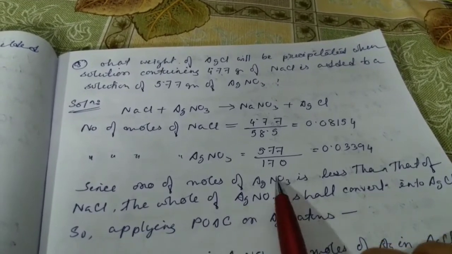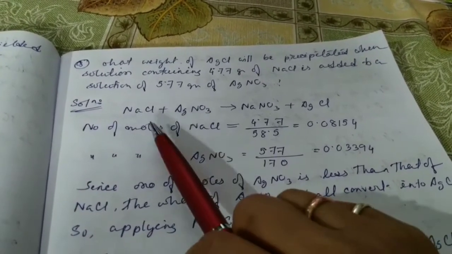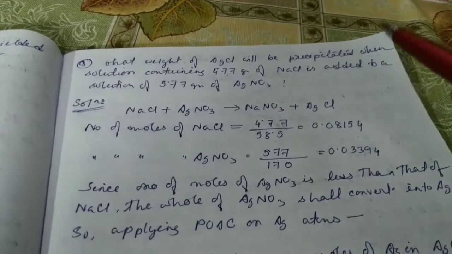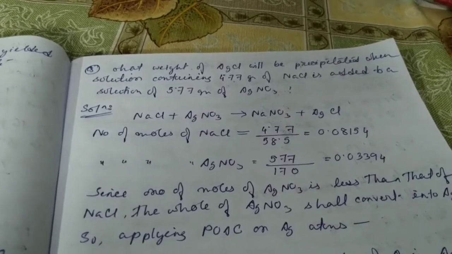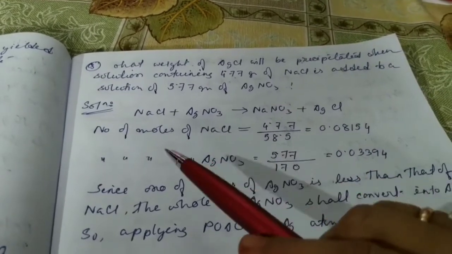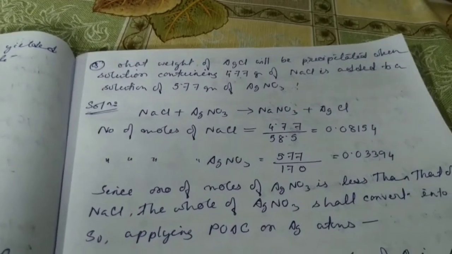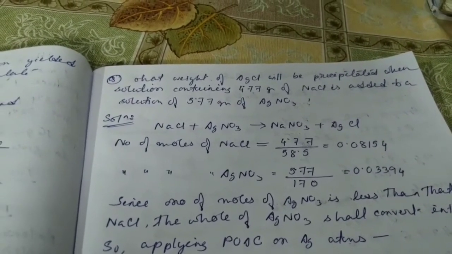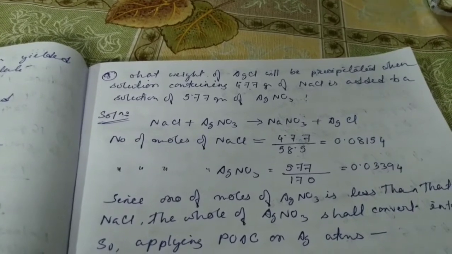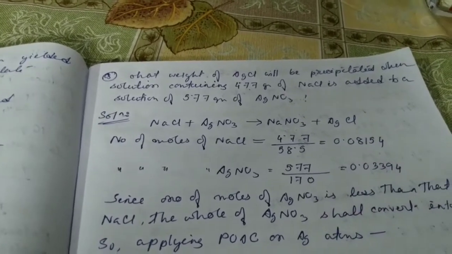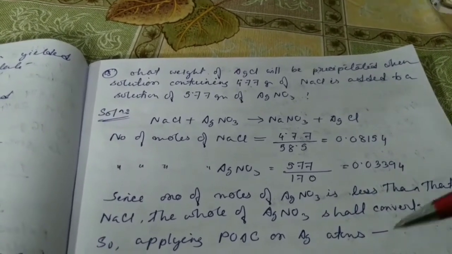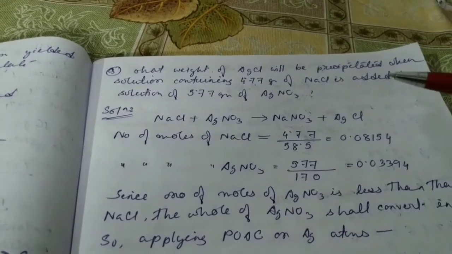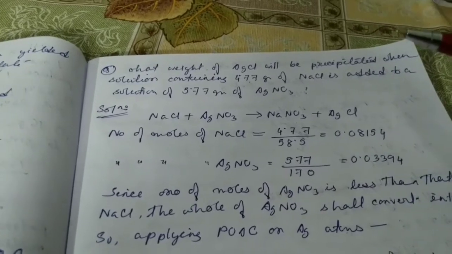Among these two reactants, it is AgNO3 which will be completely converted to AgCl. NaCl, since it is in excess, some amount may not be converted to NaNO3 or AgCl. So it is determined in that way if more than one reactant has been provided and information has been given for both the reactants.